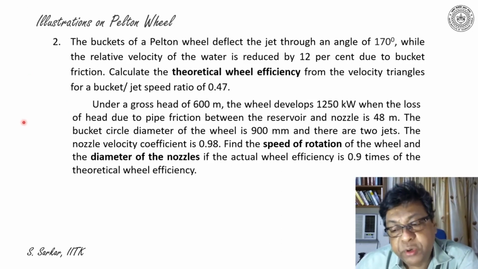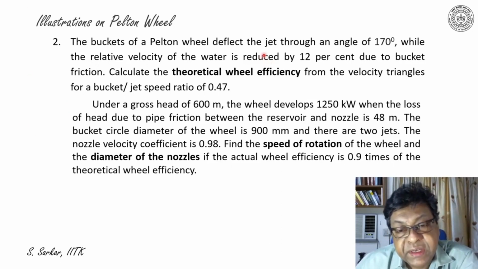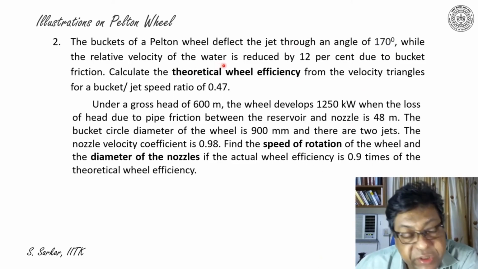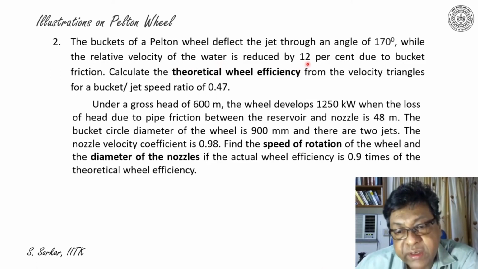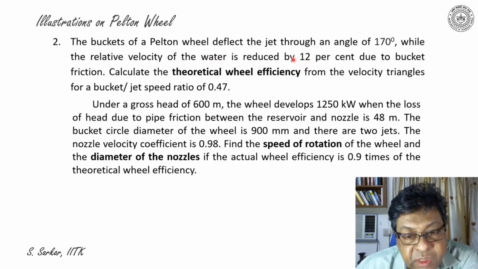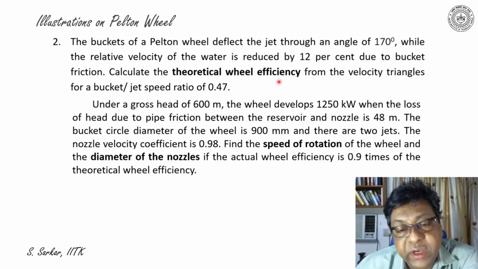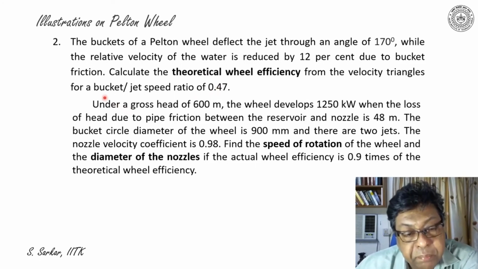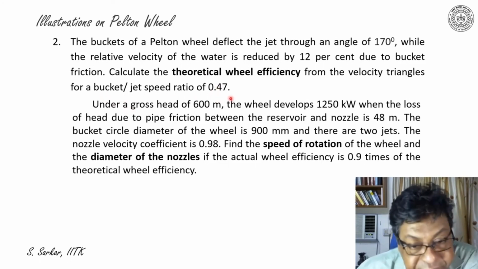The important points here are that the jet is deflected by an angle of 170 degree and the frictional coefficient for the bucket is 0.88. So you need to calculate the theoretical wheel efficiency for a bucket to jet speed ratio of 0.47.